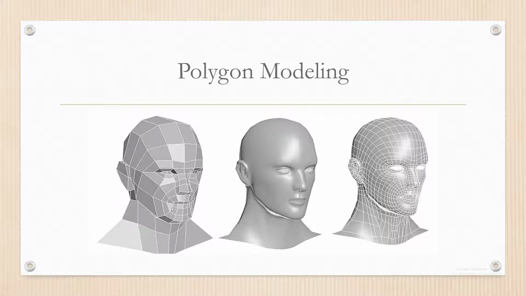This is the kind of modeling most modelers in the industry prefer, because if your models are in polys, there is little chance that your model will get corrupted, deleted, or crashed, or that Maya will crash.